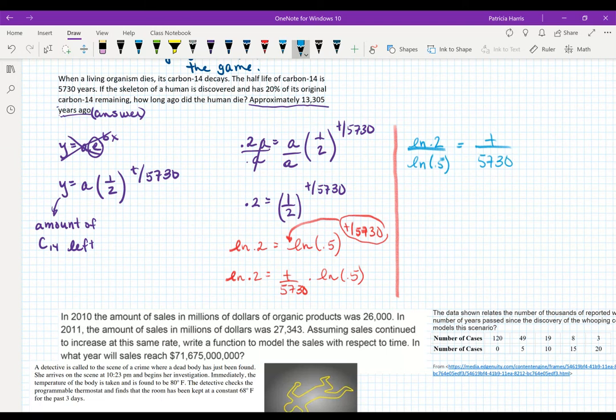Now we're going to get out our calculator. I'm going to divide the natural log of 0.2 by the natural log of 0.5. And I get 2.3219. Then I'm going to finish up solving my equation by multiplying both sides by 5,730.